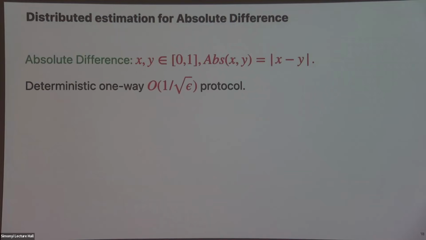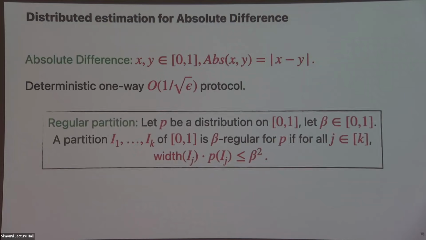Okay. So we're going to see a deterministic one-way protocol, which only uses 1 over square root epsilon communication. And this whole thing is made possible by the following nice definition. It's that of a regular partition of the interval [0, 1].